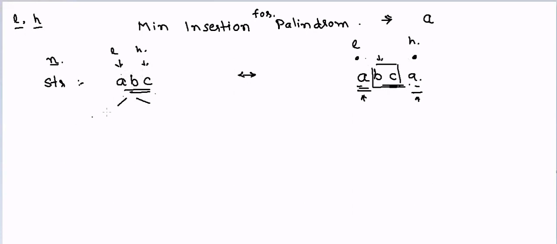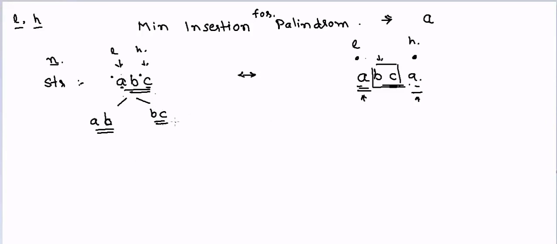It can be something like this, that I insert over here, in between B and C, or I insert at the start, before A. So there will be several cases that we need to check. Either I'm not considering C, or I'm not considering A. So either I'm checking, for A and B, can I make the palindrome, or for B and C, can I make the palindrome?